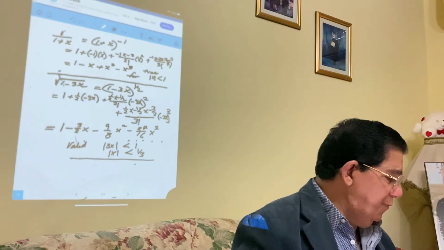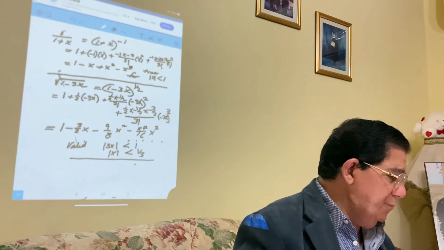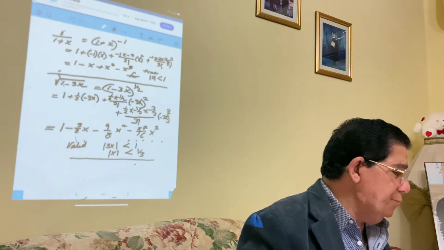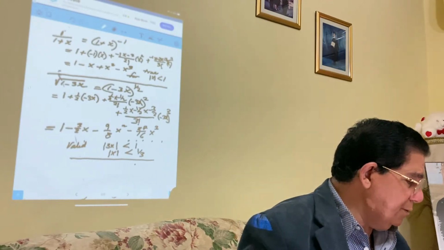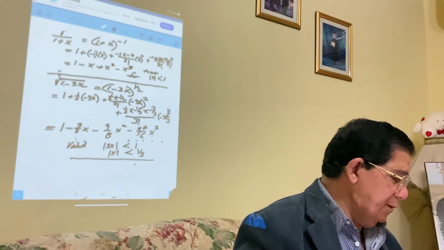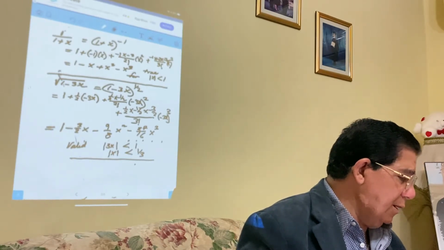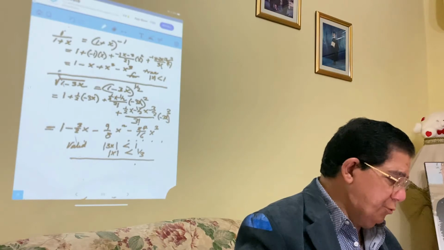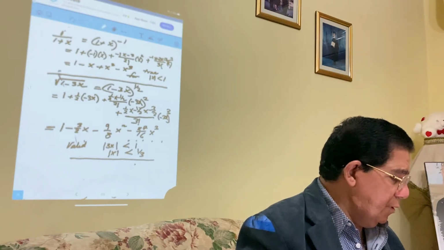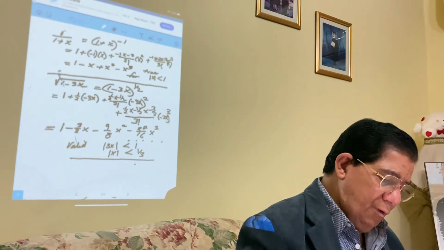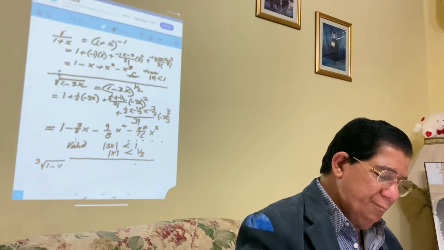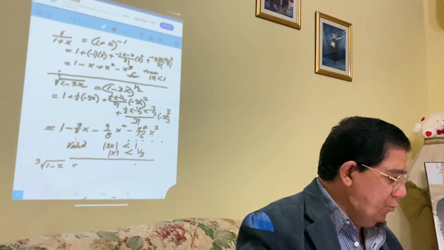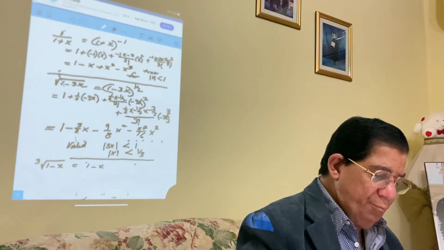We can have so many examples, right? We wanted to expand, for example, the cube root of 1 minus x, which means 1 minus x to the power 1 over 3.